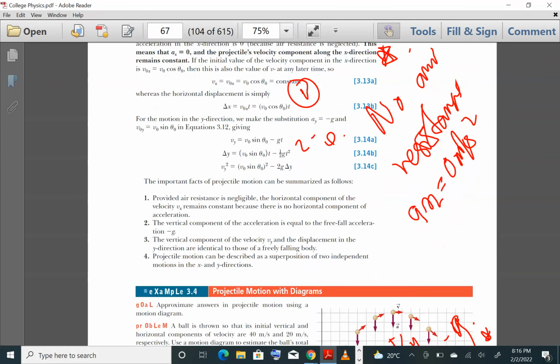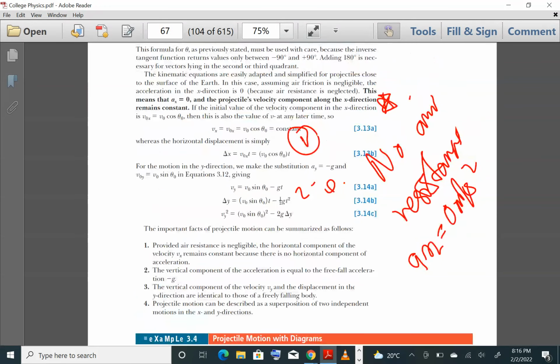So let's see now. The important facts of projectile motion can be summarized as follows. Provided air resistance is negligible, the horizontal component of the velocity remains constant, because there's no horizontal component of acceleration.